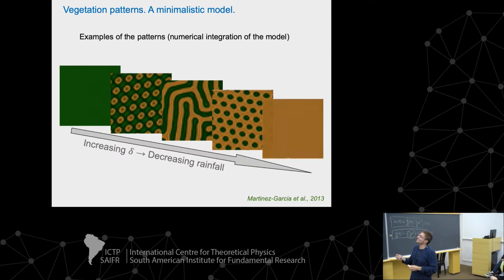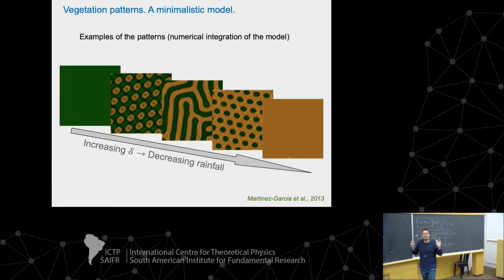So what I find is that as I decrease the amount of water, I get this transition from having vegetation everywhere to then having these holes of soil, to then having these labyrinths, to then these spots, and then I lose all the vegetation.